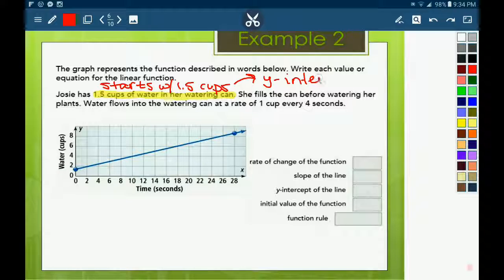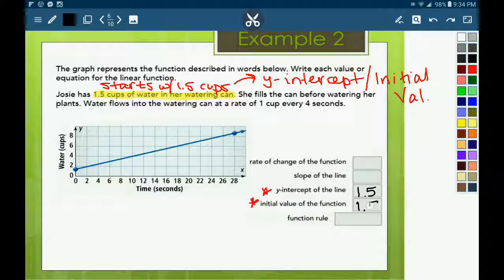A couple days ago we talked about how y-intercept is where something starts, and y-intercept is a synonym for initial value. So I can answer both of these right away because they're going to be the same thing. One is just worded differently than the other. So 1.5, since that's where Josie starts, that's our y-intercept.